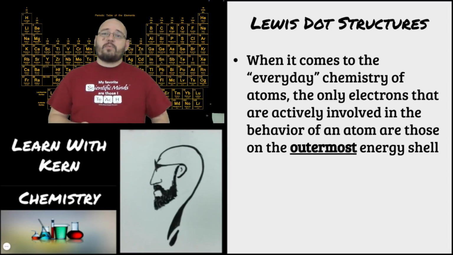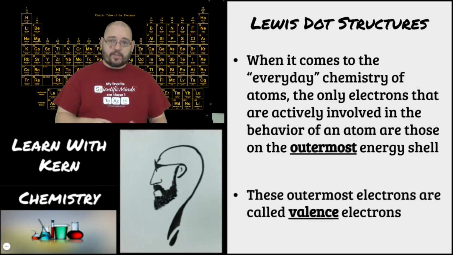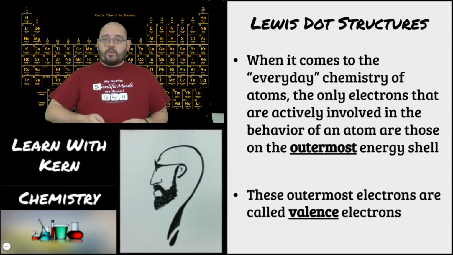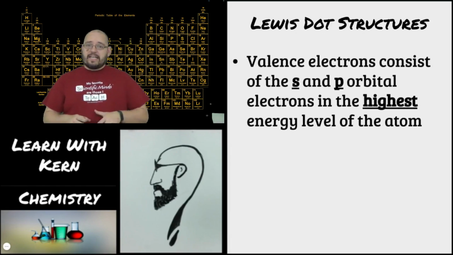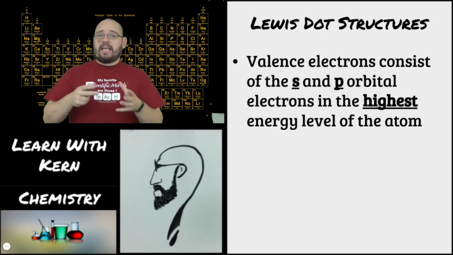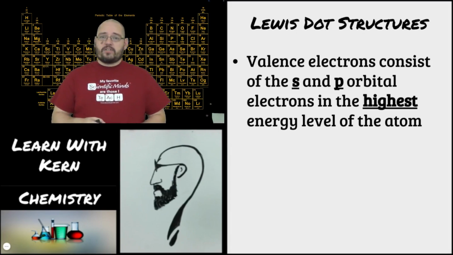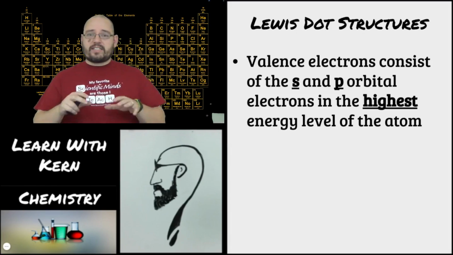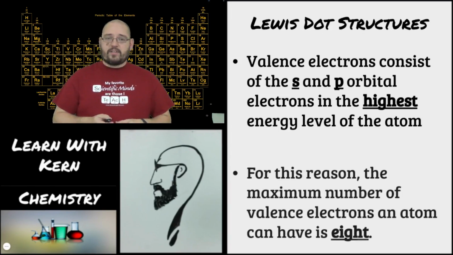As we discussed previously, those are called valence electrons. Valence electrons in actuality are not just the highest energy ones, but they're the s and p orbital electrons in the highest energy level. Whatever that highest energy level is, it's the s and the p orbital electrons in that level that we define as the valence electrons.